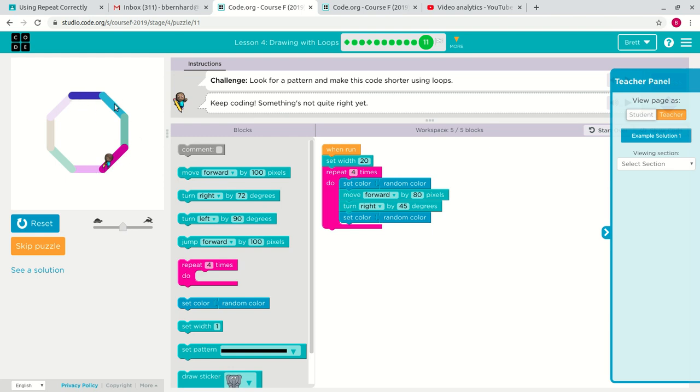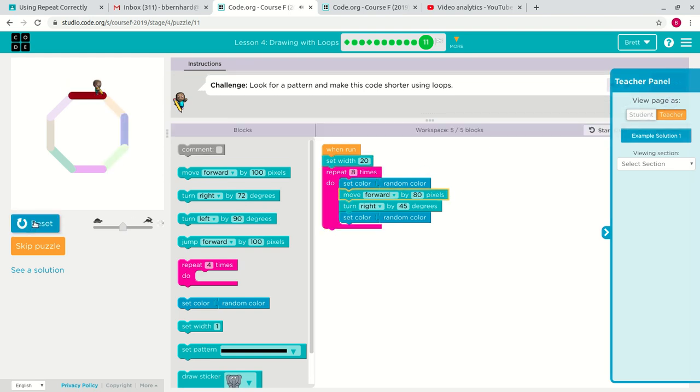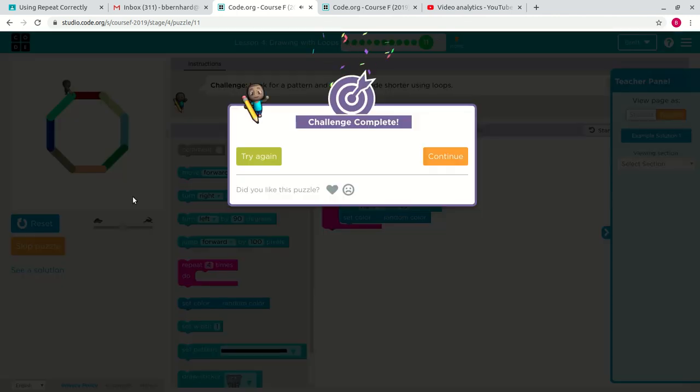Well, let's see, 1, 2, 3, 4, 5, 6, 7, 8. Oh yeah, I said it was an octagon, and look at that, there are 8 sides. So we're going to repeat that 8 times this time, reset it, run it, and we should pass the results. Continue.